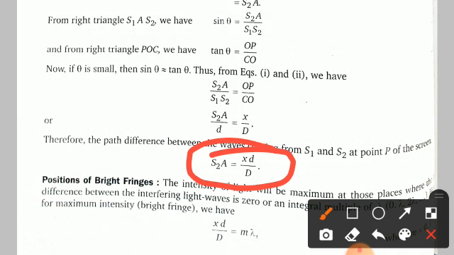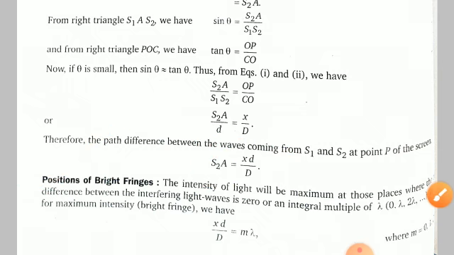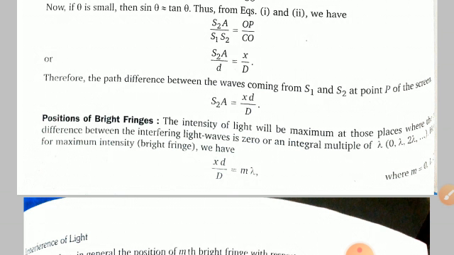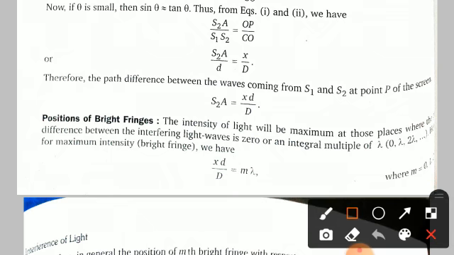Now, we will discuss the position of bright fringes. The intensity of light will be maximum at those places where the phase difference or path difference between the interfering light waves is 0 or an integral multiple of lambda, 2 lambda, 3 lambda. Hence, for maximum intensity of bright fringes, xd by D is equal to m lambda, where m is 1, 2, 3.